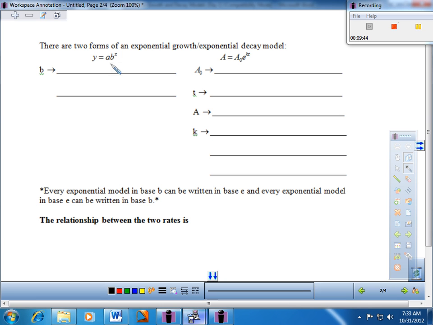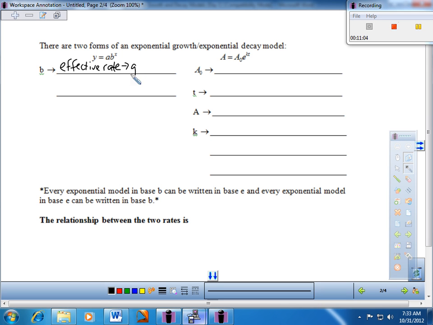So let's fill in a few of the blanks and then take a peek at them and see how they coordinate together, and then do a couple more examples together. Everything you do in the exponential model in base B revolves around that base B. If you remember correctly, I would categorize that B value as really the effective rate.